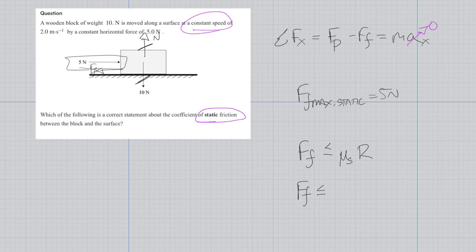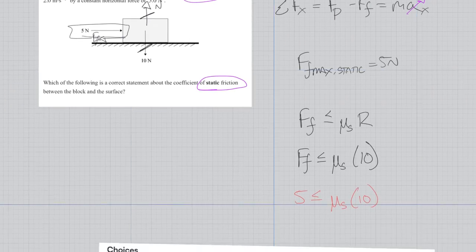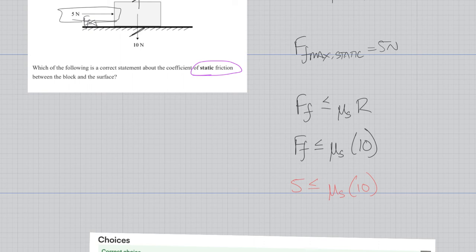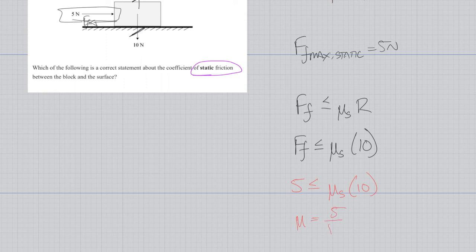So the force of friction maximum is going to be less than or equal to my coefficient of friction times 10. And the maximum value of my frictional force is 5 based on how hard of a push I can apply. So that means my coefficient of static friction, if we were to just solve this out, is going to equal 5 divided by 10.